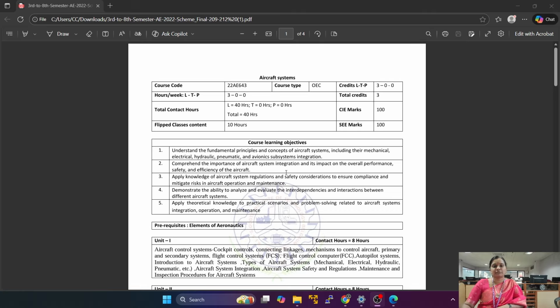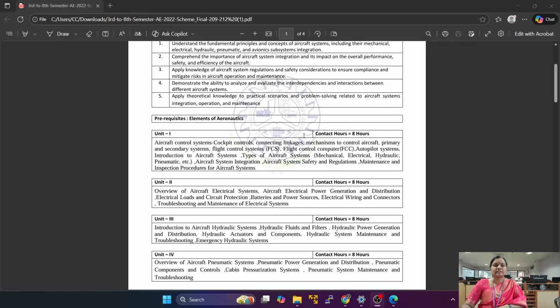Unit 1 follows with the traditional or conventional aircraft systems that were used during the initial stage when the aircraft was developed. So we talk about the cockpit instruments, the various instruments a pilot needs in order to have a safe flight and reach from the source to the destination.